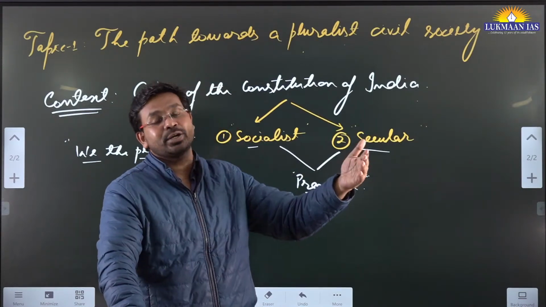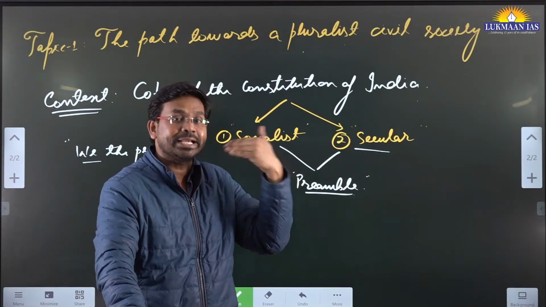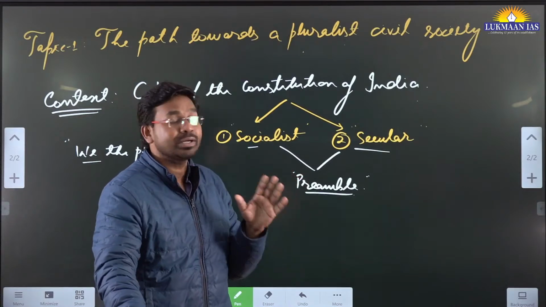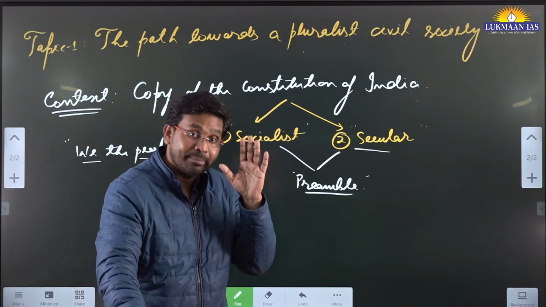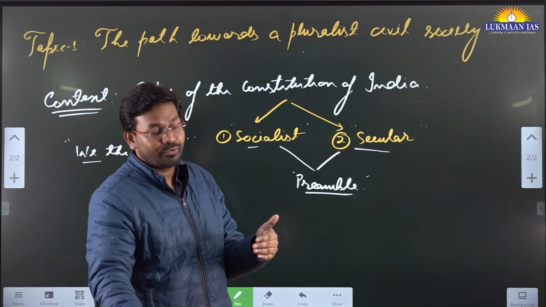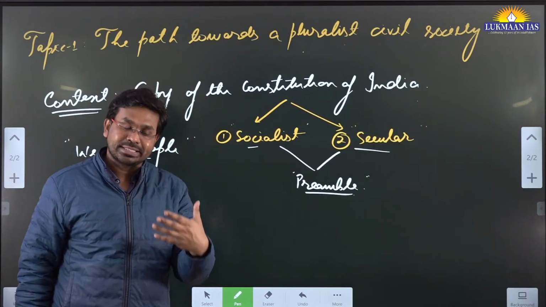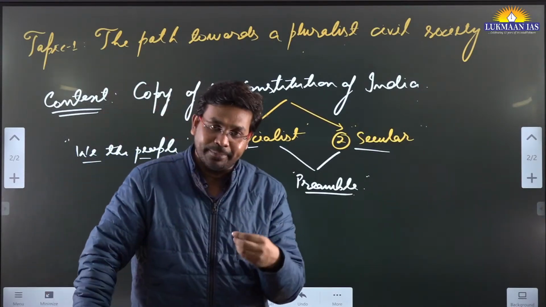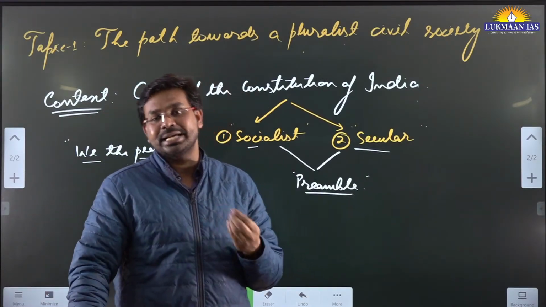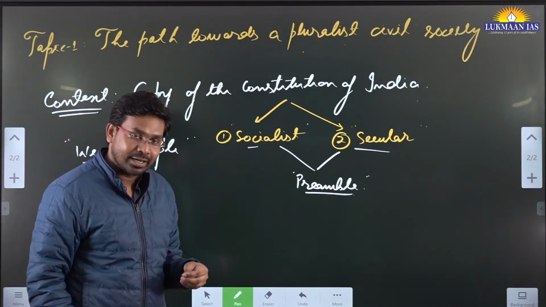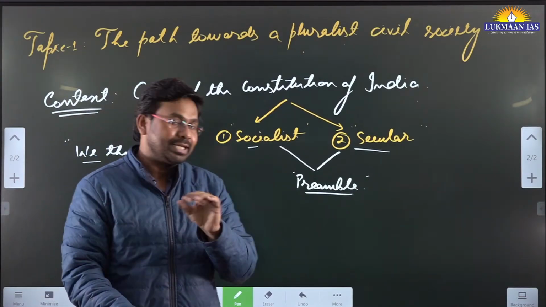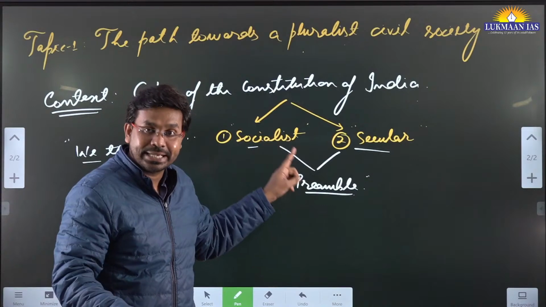There are many countries across the world that are not secular in nature, but there are also many that are, for example the United States of America and Great Britain. If we talk about Pakistan, it is an Islamic state, not a secular state, but India is a secular state.